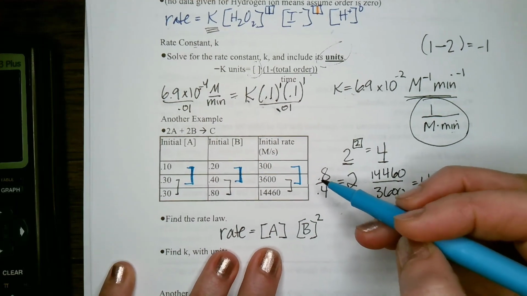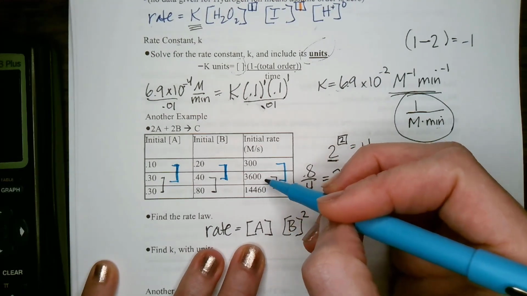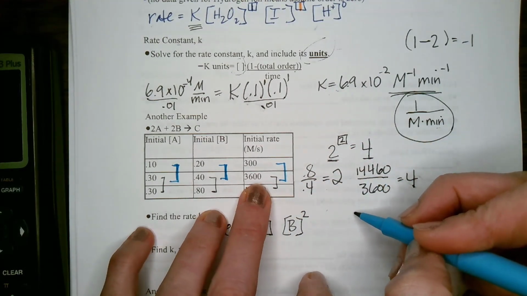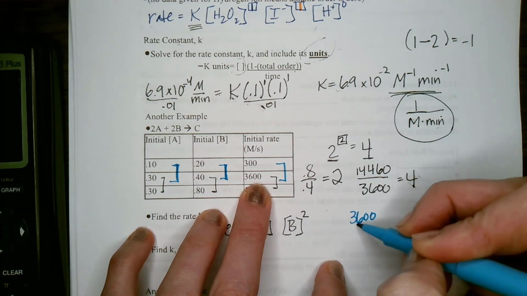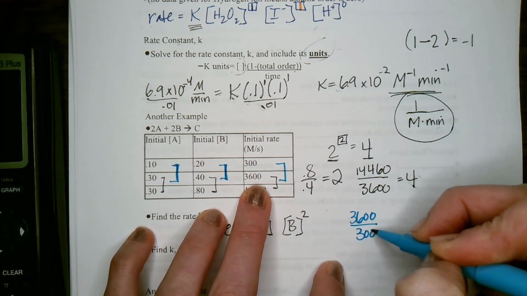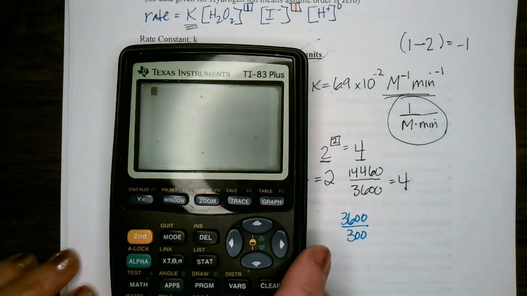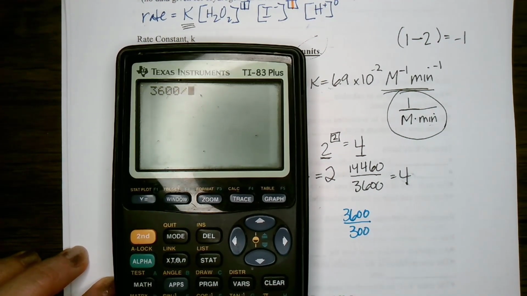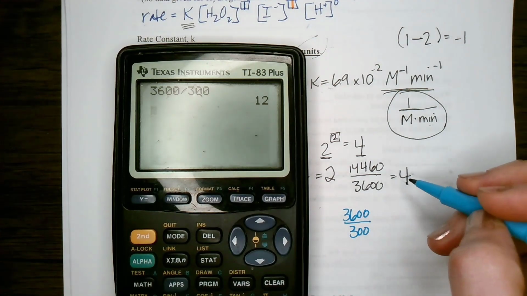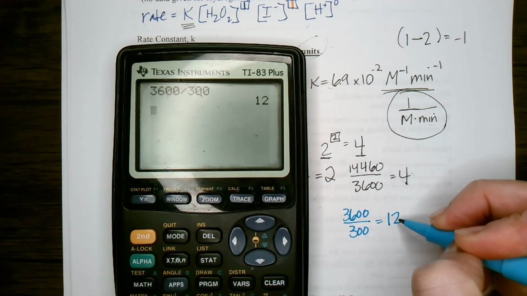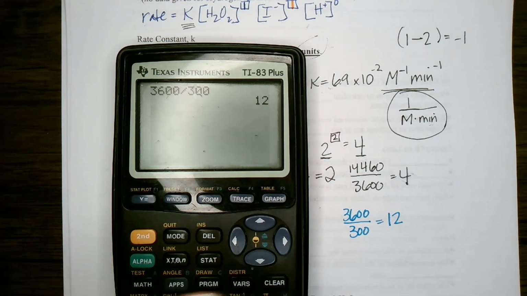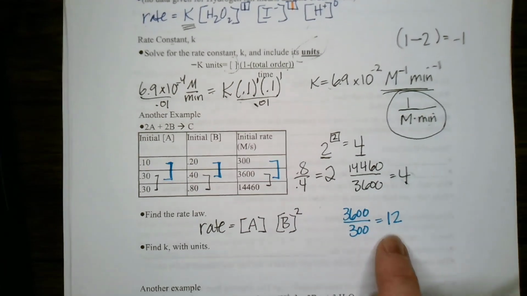So we're going to compare these two for A. So let's look at first what our rate is doing. We're going from 3,600 to 300. So let's find out what that difference is. 3,600 divided by 300 gives me 12.